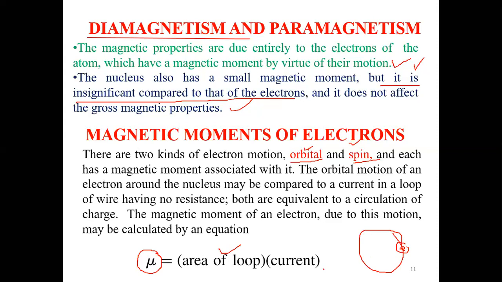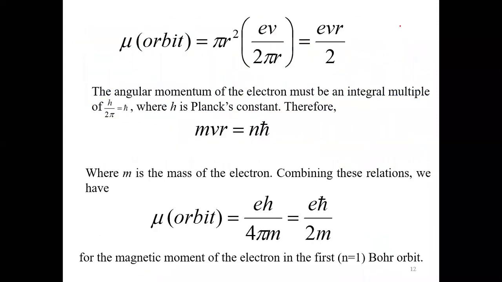So what is the area of the loop? If the radius of the orbit is r, the area of the loop will be pi r square. Now, to find the current, we know that Q equals I T, so I will be Q by T. Now Q is the electronic charge, so it is e.